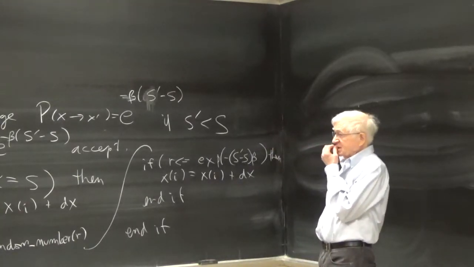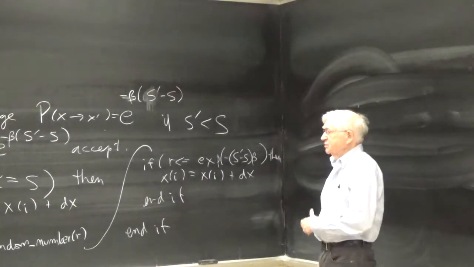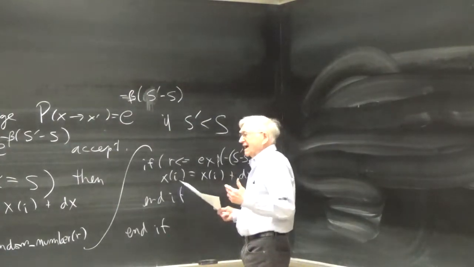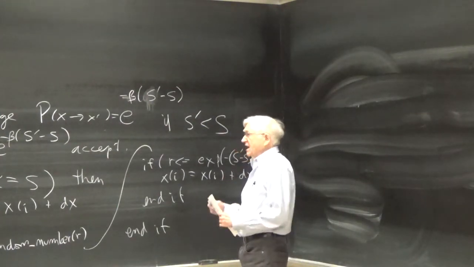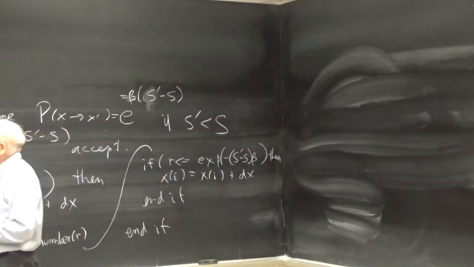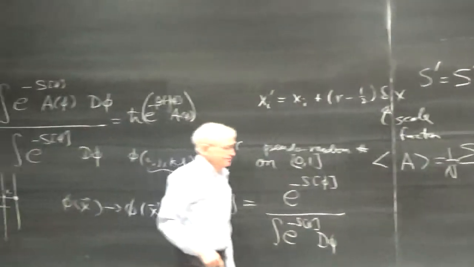And when you've done that a zillion times, then your lattice is thermalized, and it is producing field configurations that are distributed according to this distribution at the temperature beta that's given by the number of steps in the time direction.